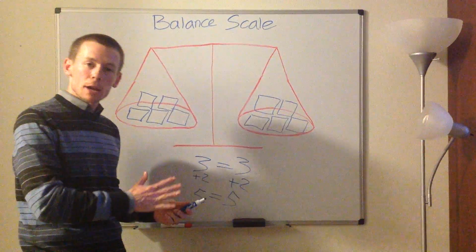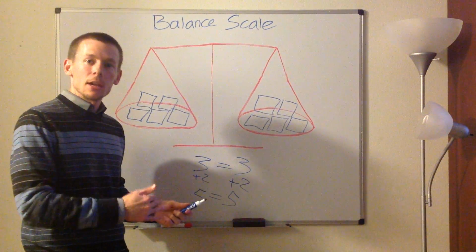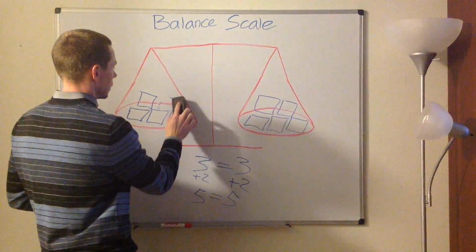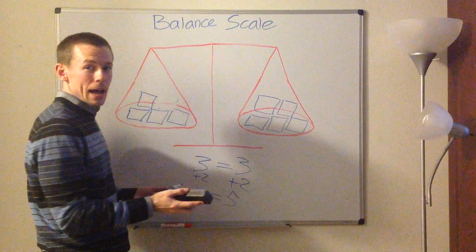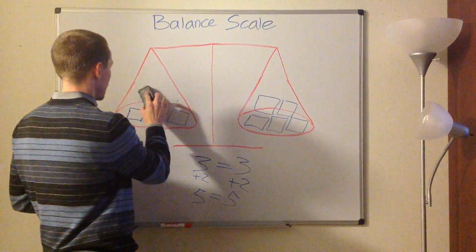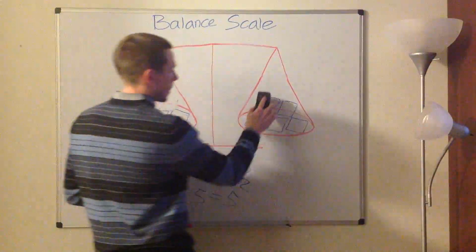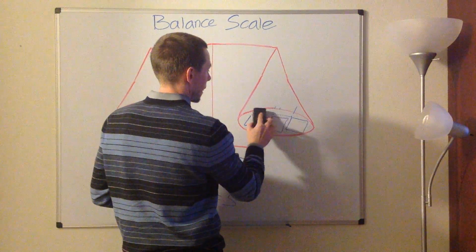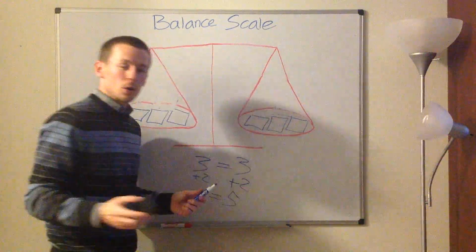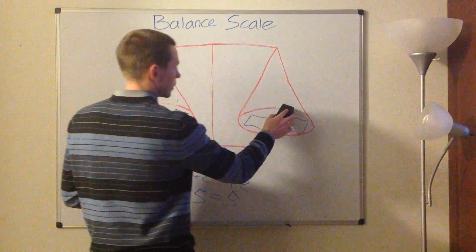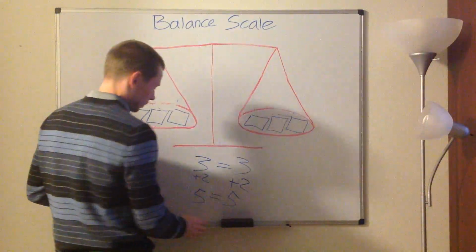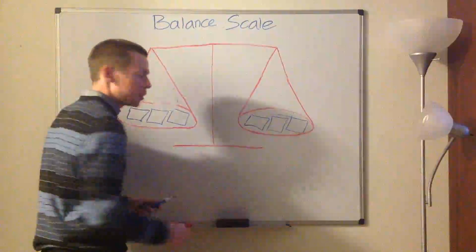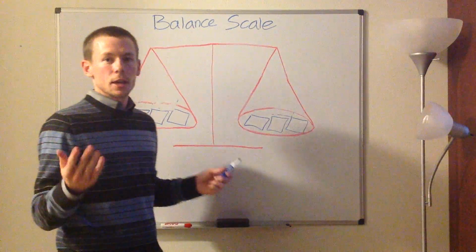And of course, if we subtract the same thing from both sides, it works as well. So if I subtract 2, then I'm still going to remain in balance. Well, this also holds for multiplication and division.